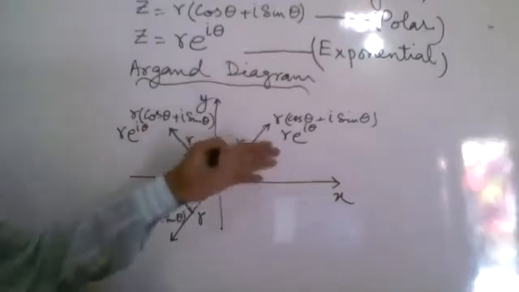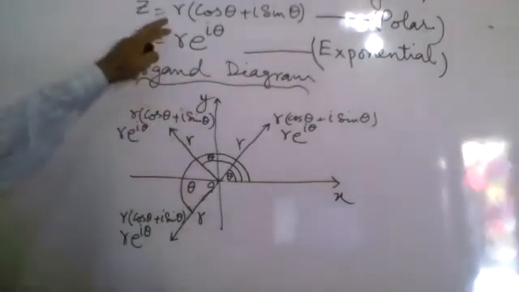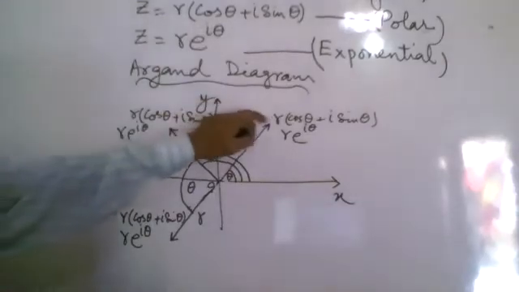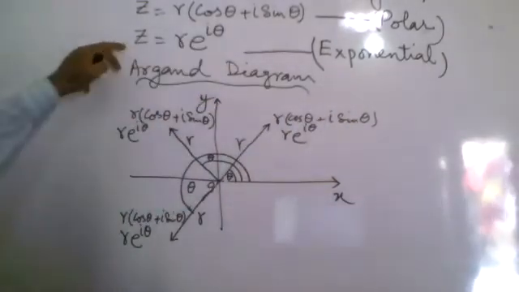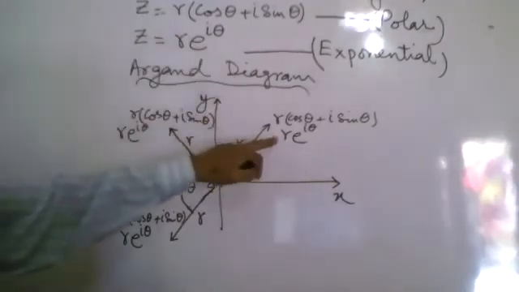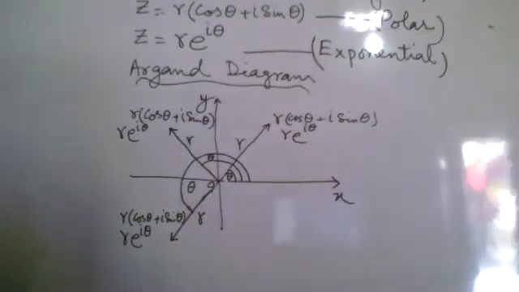I am showing you how to draw both the forms, but it is not necessary you will write both. Whatever is in the question, if it is in the polar form, you will write only the polar form. If it is in the exponential form, you write only the exponential form. If it is in both the forms, then you are supposed to write both the forms.